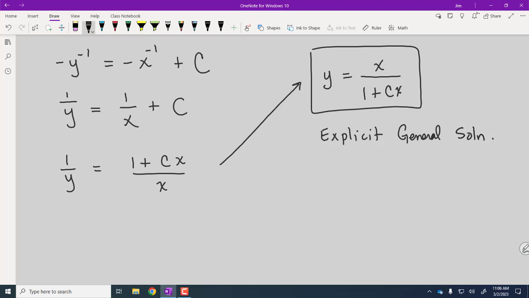We will not always be able to isolate the y. If you can't isolate the y, we're going to call that an implicit solution. So it's explicit when you have the y all by itself on the left. So that's explicit. And again, general is because we have a c.